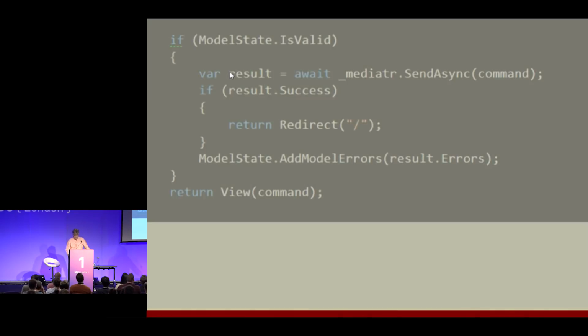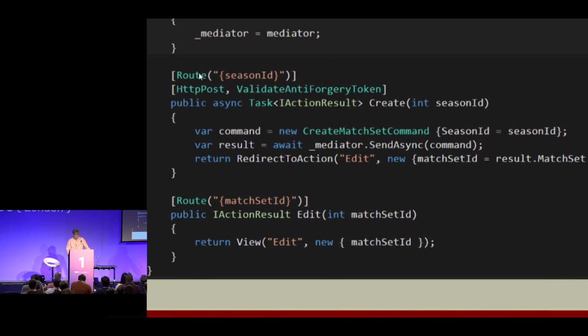So this route attribute, since I don't have any leading tilde or forward slash, it's going to be relative to whatever route attribute is on the controller. And it's basically saying, I need to see an additional parameter in the URL, which we will call season ID. And so now I have code that has a reasonable name for a variable that I use throughout that method, right? And I really like that better than just having int ID everywhere.